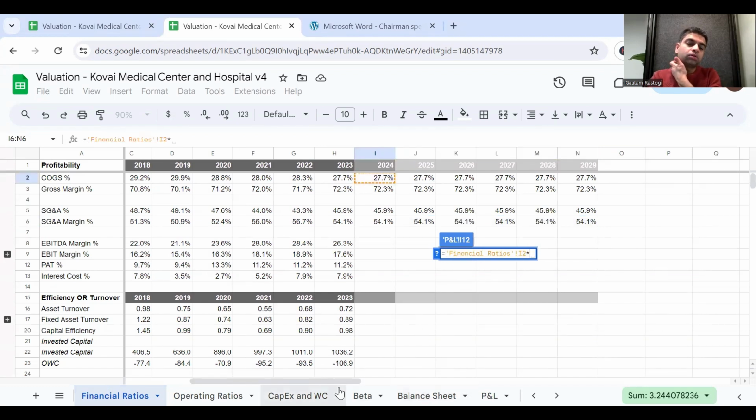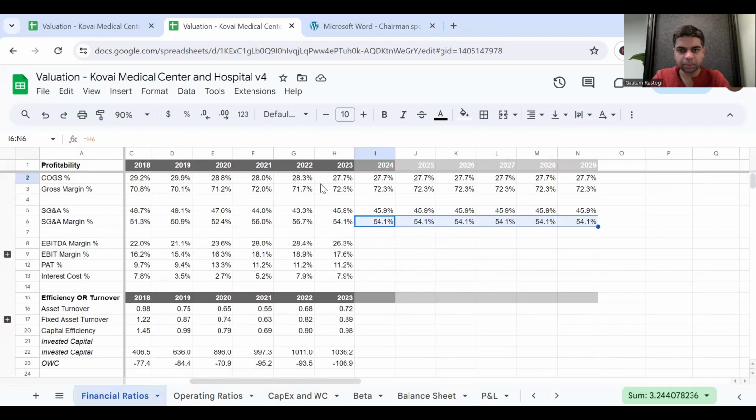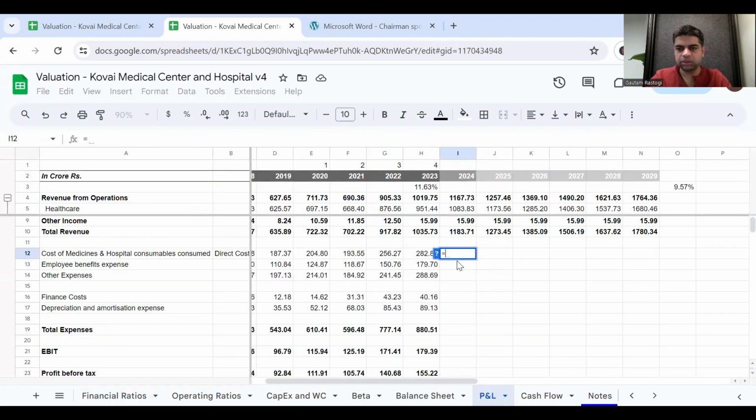Let me just check something. This is based on H4. So revenue from operations times the COGS would give us cost of medicines and hospital consumables, the direct costs.